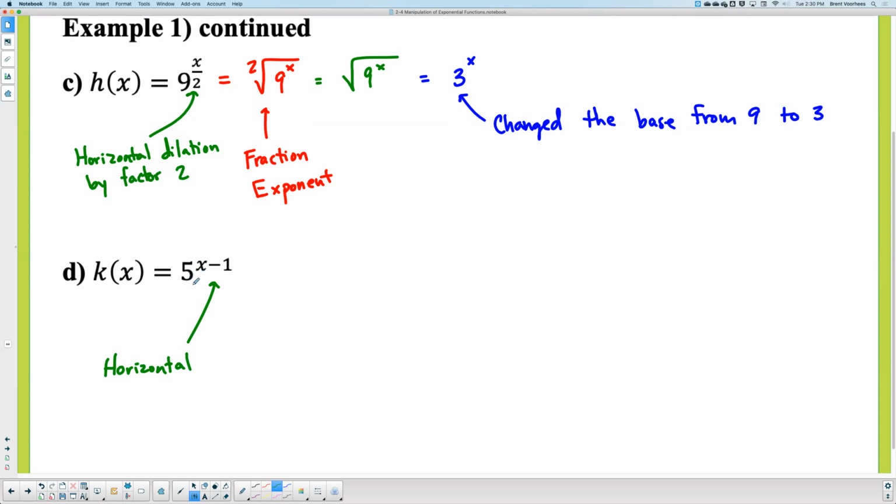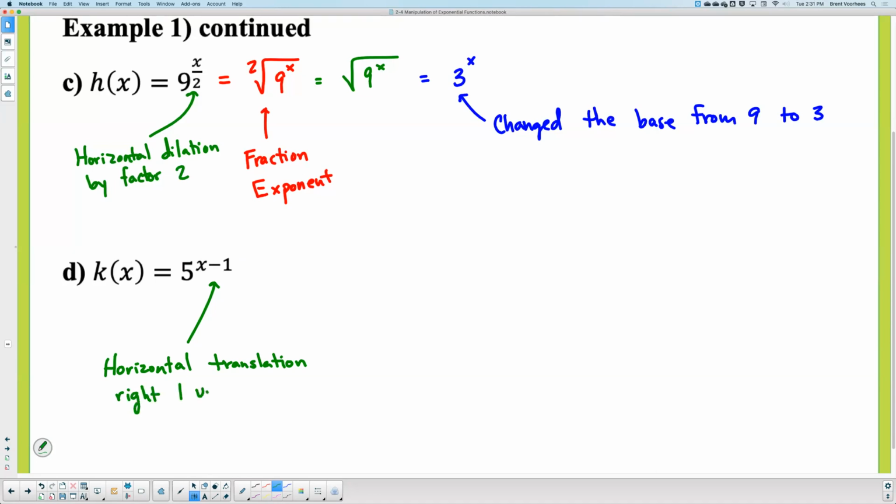When you subtract the number, is that a translation, dilation, or reflection? Reflection is just a negative, like a negative x would be a reflection. When you subtract a number, it's a translation. Which way would it go if it was x minus 1? Is it a liar or truth teller? Liar. So we actually add 1. It's going to go right 1.